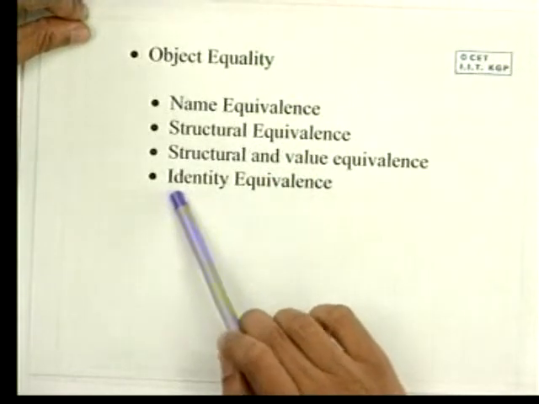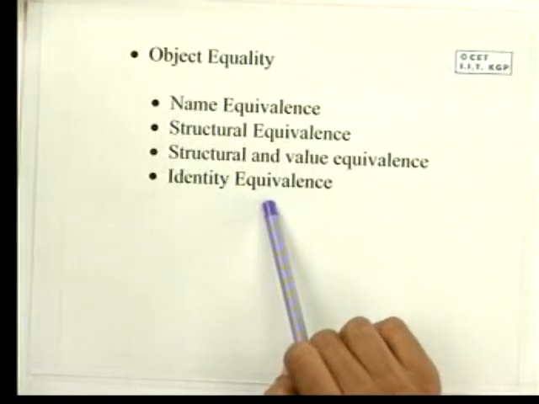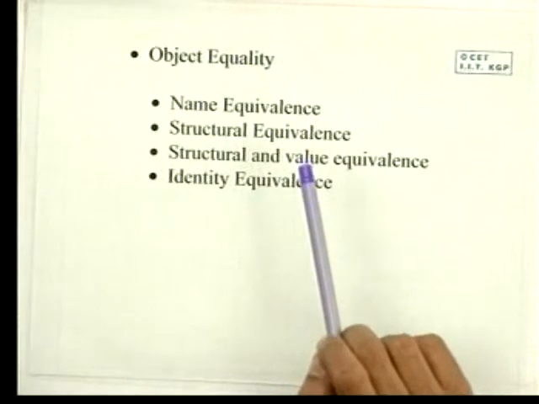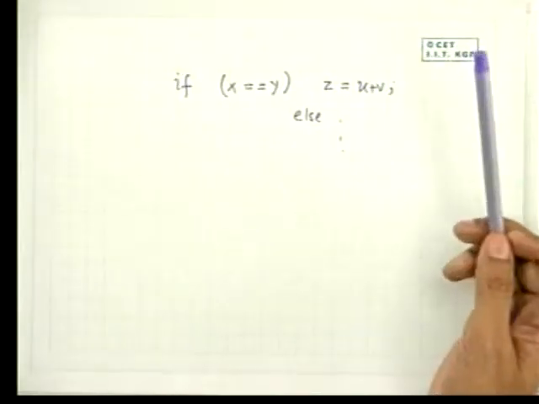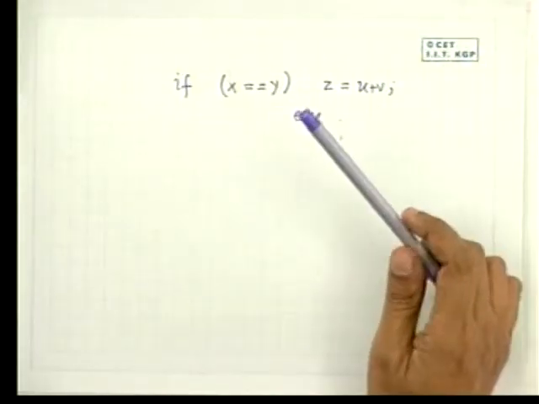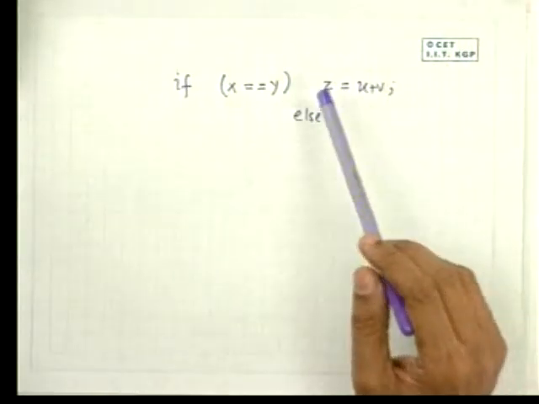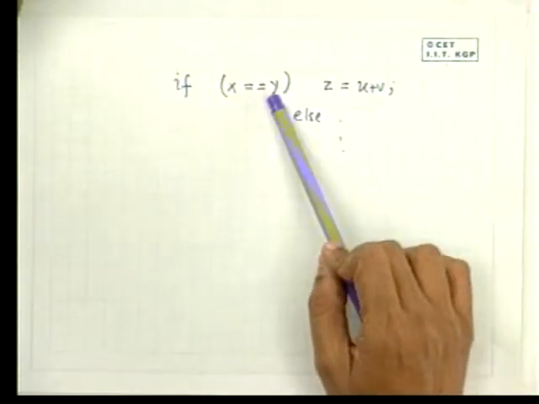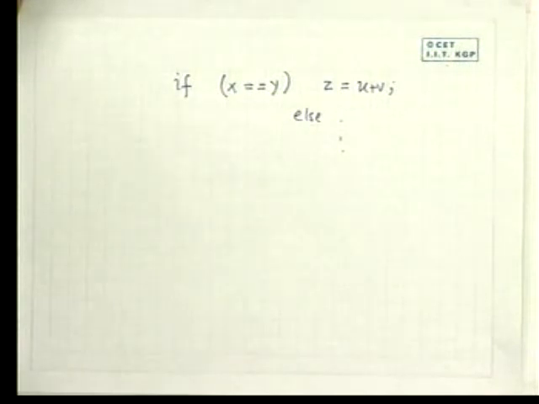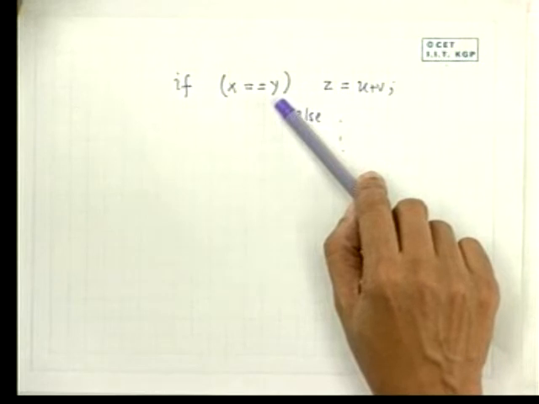Therefore, when we say x is equal to y, where x and y are variables of the same type, that means they belong to the same class, then x will be equated to y provided the identity of the object x and the identity of the object y are the same, that both of them have been assigned to the same object, or both of them refer to the same object. Then and only then will we talk about their equivalence.